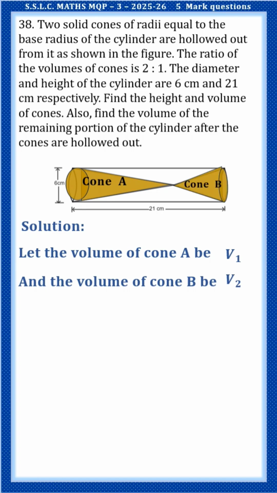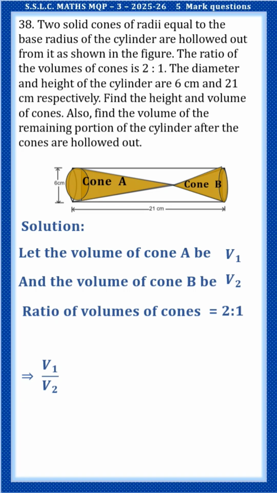And we are given that the ratio of volumes of cones as 2 is to 1. So, volume of cone A is greater than that of cone B and it is 2 times. We can think, so height of the cone A must also be bigger. Okay. It implies that V1 upon V2 is equal to 2 by 1.